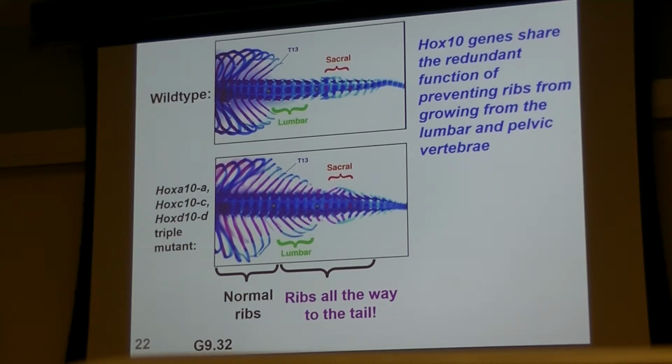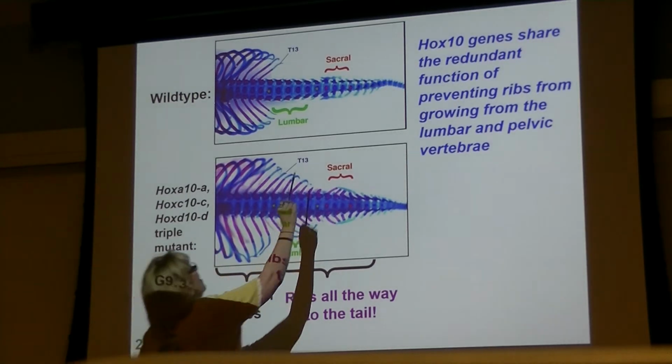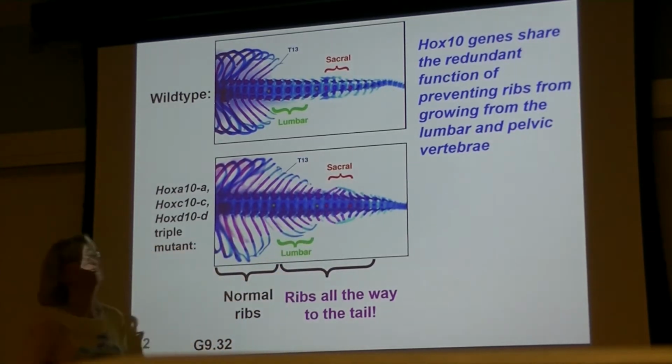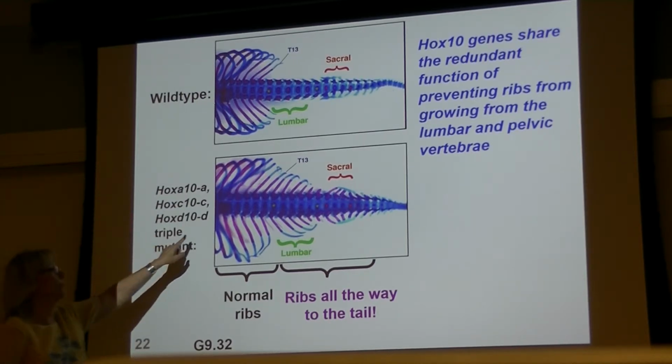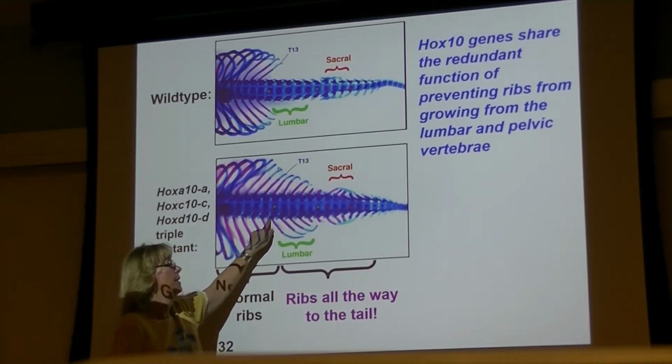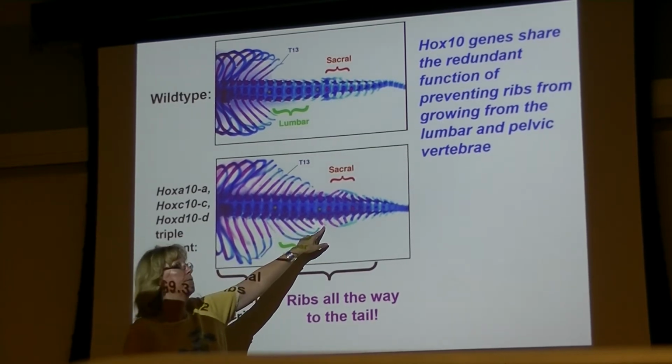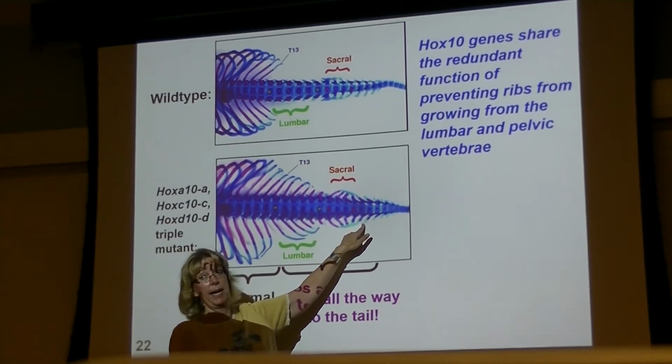The sacral vertebrae, you can recognize them because they also have a little appendage associated with them, that sort of winged little structure right in there. And then the caudal vertebrae, which have no appendages associated with them. And so when you knock out all 3 of these genes, now you're going to get ribs that go all the way down. So all of the lumbar vertebrae have ribs, and even the sacral vertebrae have ribs.